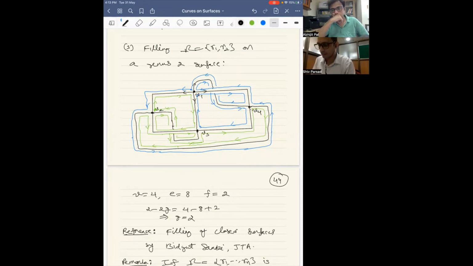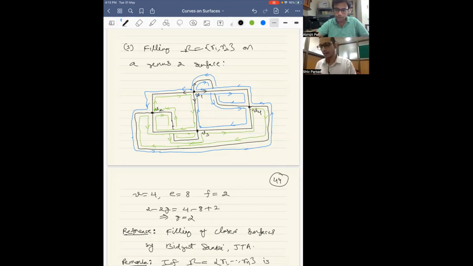Suppose you say E1, E2, E3, E4, then there is a cyclic order, right? This order is important. If you change the order, you get a different graph. So you can keep track: if I call it E1, then this will become E1 inverse here. So there is a purely combinatorial way to describe this.